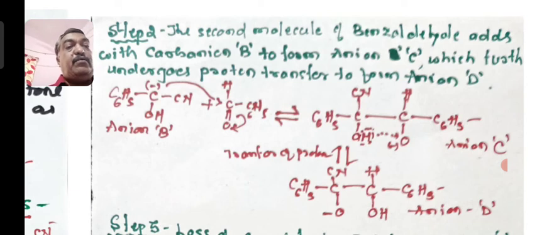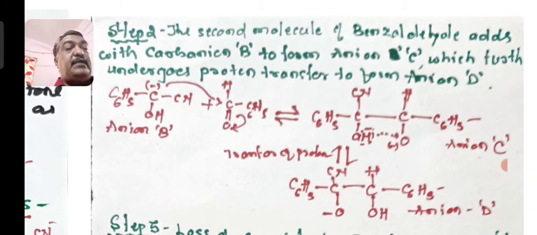That is, the proton of the OH group shifts towards the negatively charged oxygen, and you will get C6H5CH O minus and CHOH. So earlier the negative charge was on the second oxygen. It shifts here because of proton transfer within the molecule.